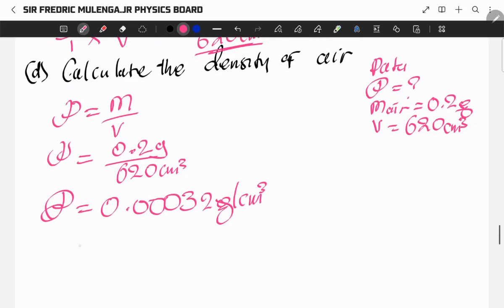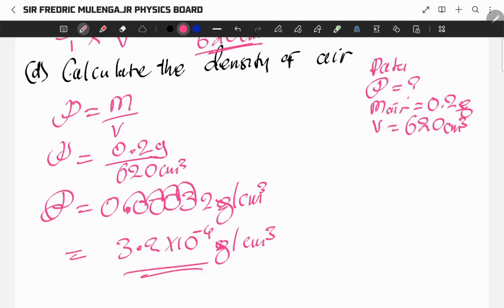If you want, you can also write this in scientific notation. The point will move 1, 2, 3, 4 places, so it will be 3.2 times 10 to the power -4 grams per centimeter cubic. This answer is the same as that.